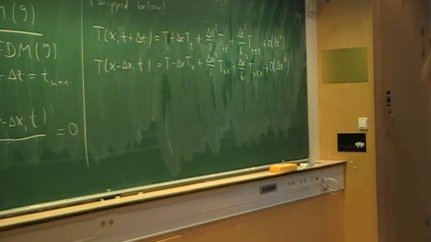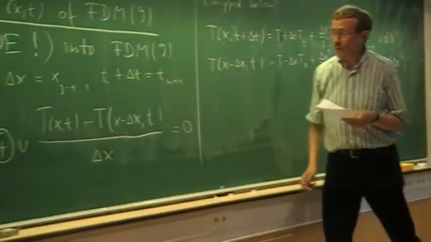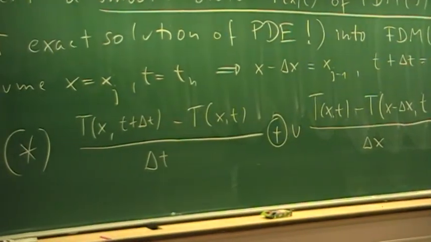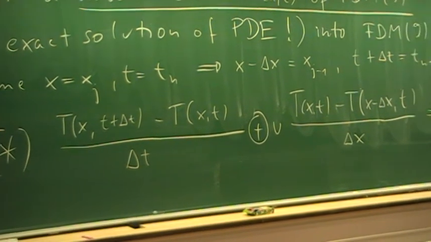So now we insert that into the equation star that we have obtained by inserting a smooth function t into that finite difference method.